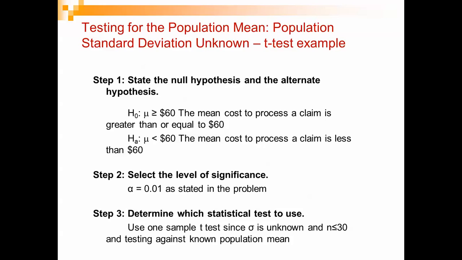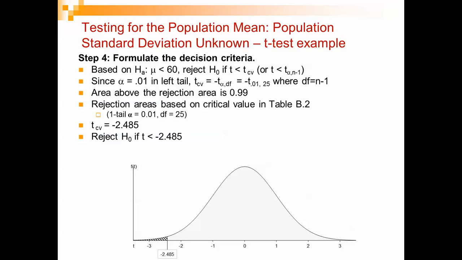Then we determine which statistical test to use. Well, we already talked about that. We have one sample test because n is less than 30, and we don't know the population standard deviation. And step 4, we're going to formulate the decision criteria. And remember, the point of the alternate hypothesis inequality symbol points in the direction of the rejection area.